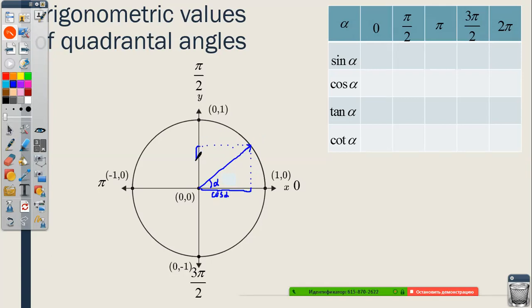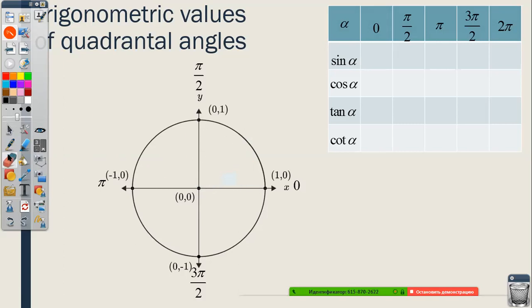Its ordinate will be sine alpha, so this length will be sine alpha. We find by this way.